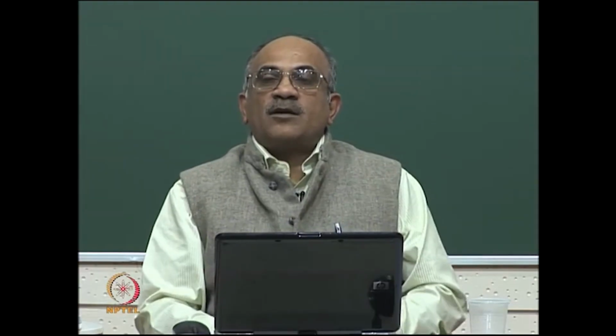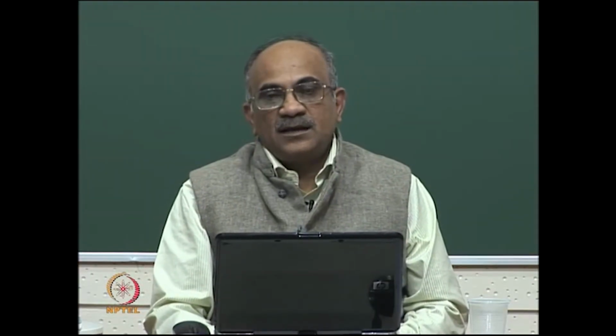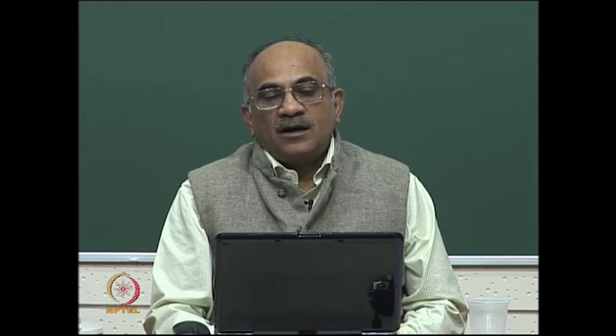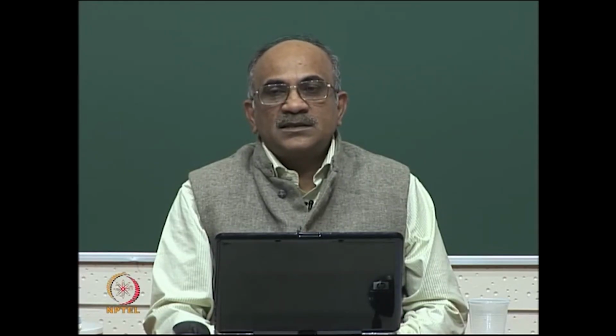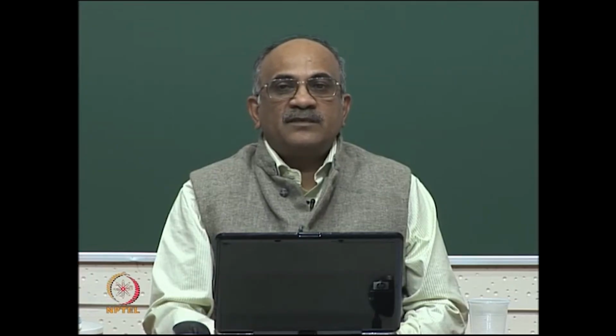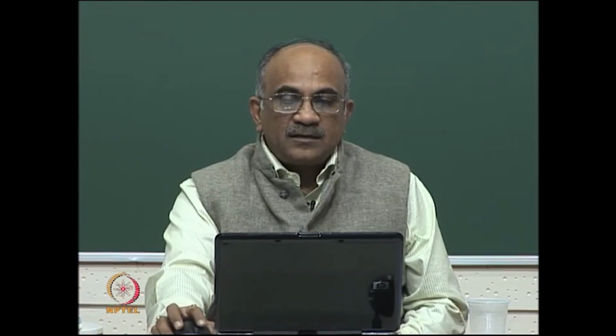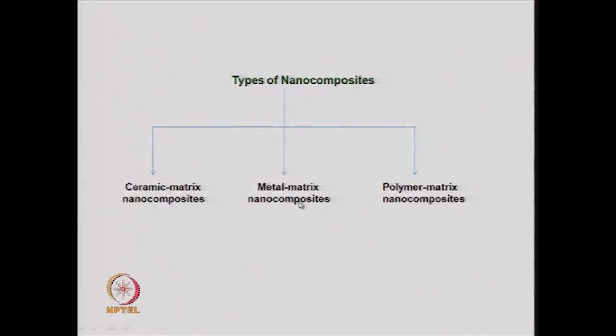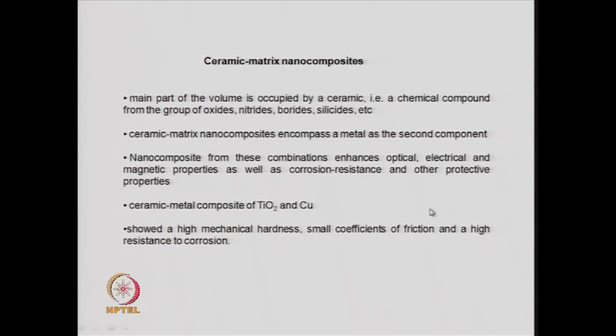On the other hand, if you have nanoparticles of metals, say copper, silver, gold, etc., small particles of metal embedded in a matrix, which can again be a polymer or a ceramic, then that will be called a metal matrix nanocomposite. And similarly, if you have a polymer with some other matrix, then you can have what is called a polymer matrix nanocomposite. So, these are different types of nanocomposites.